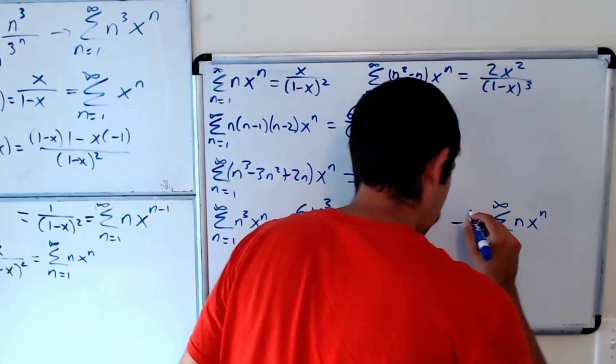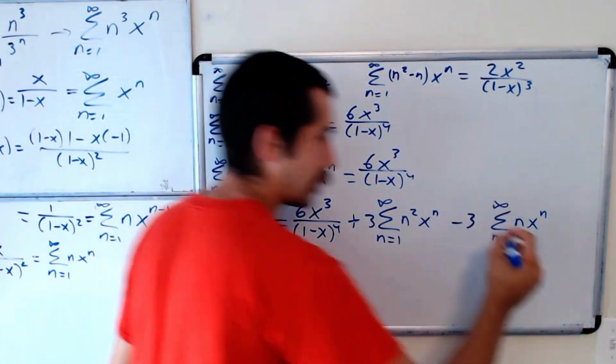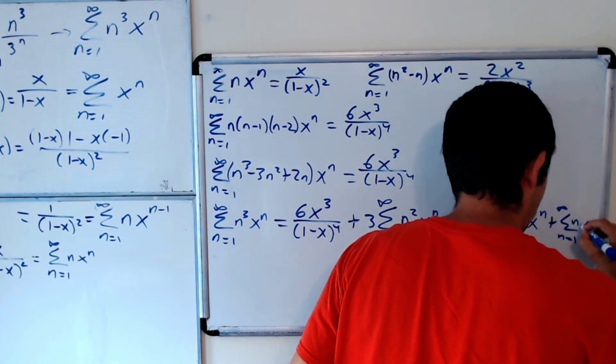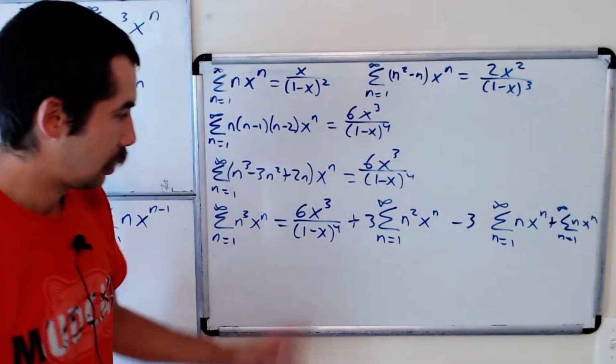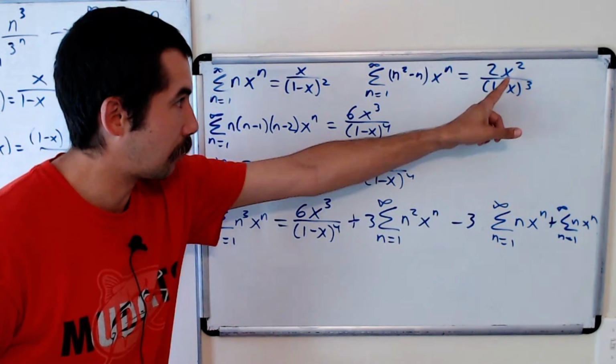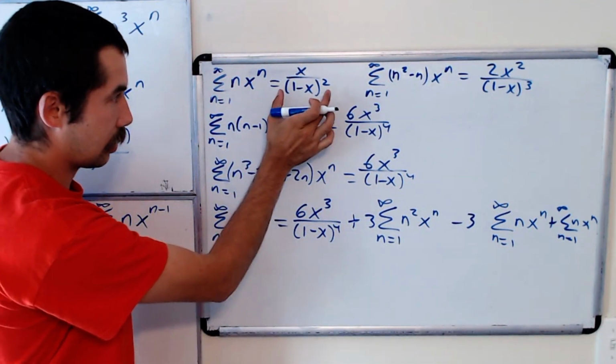So minus 3 times the sum from n equals 1 to infinity of n x to the n, plus the sum from n equals 1 to infinity of n x to the n. Okay, this is already done. This here is just 3 times this, and this here is just this.